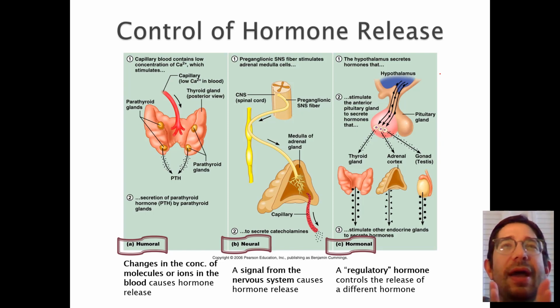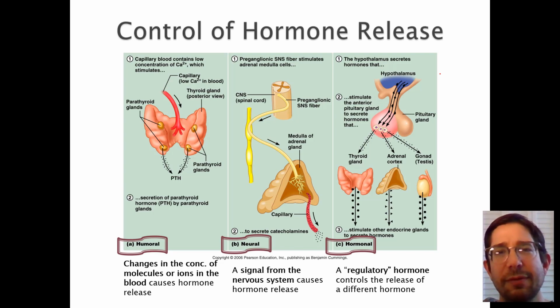There's also this concept of how hormones are released. So we have three types of hormone release here: humoral, neural, and hormonal. Humor is a fluid. So this is a fluid-based release of hormones. More specifically, you have a little monitoring station watching the fluid, let's say blood.